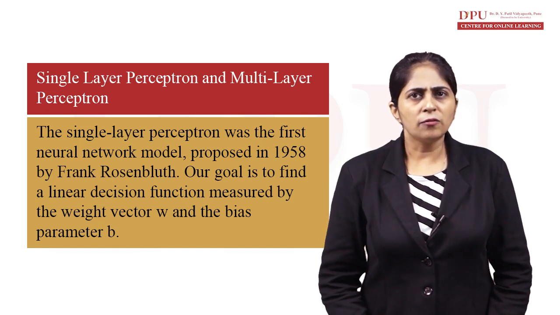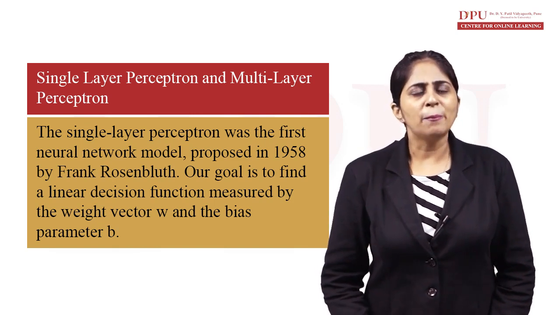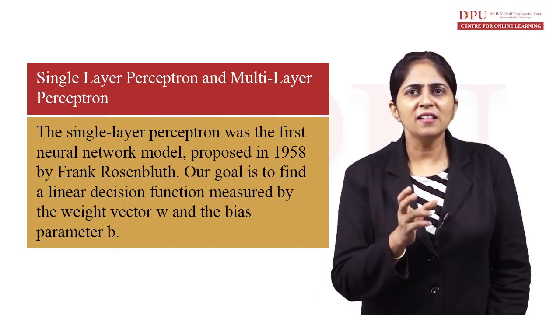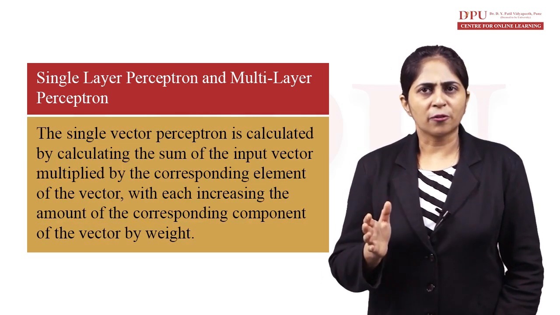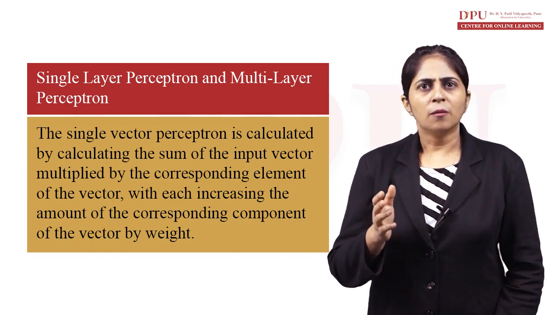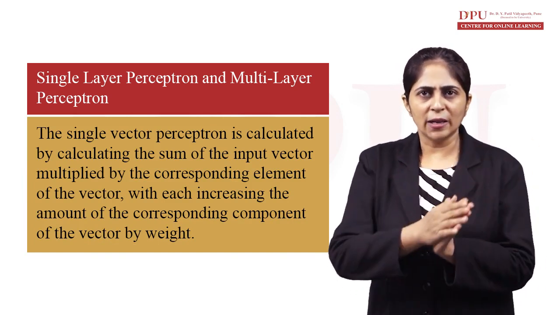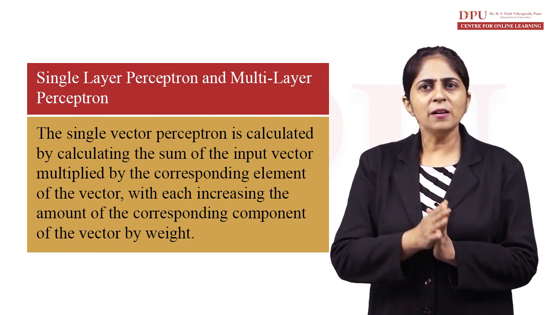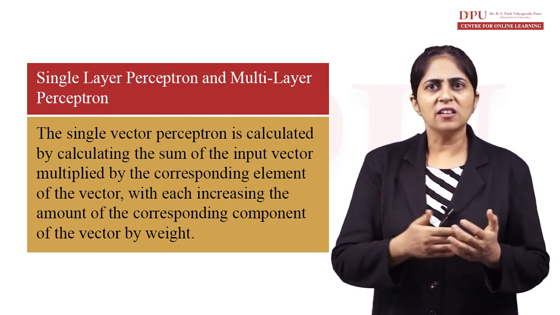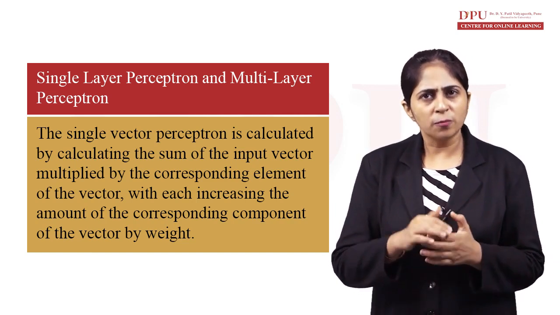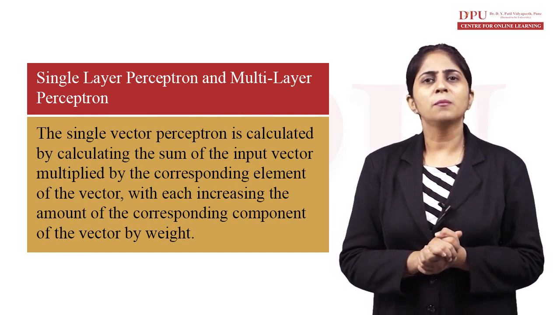The local memory of the neuron contains a vector of weights. The single layer perceptron is calculated by summing the input vector multiplied by the corresponding elements of the weight vector.